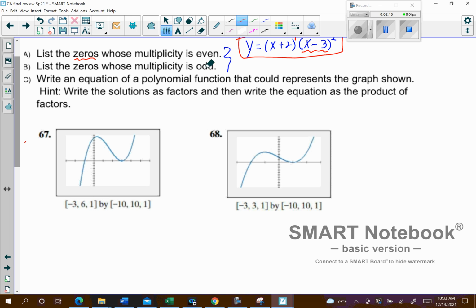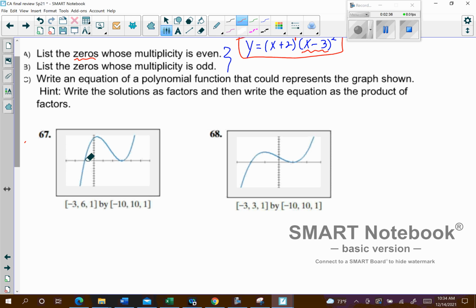And if it's odd multiplicity, it's more like a line. If you go up to like a power of 3, it can look kind of interesting, but it crosses the x-axis. But we're only going to focus on multiplicity of 1 and 2. It can definitely go higher, but that's all we focus on in our course.